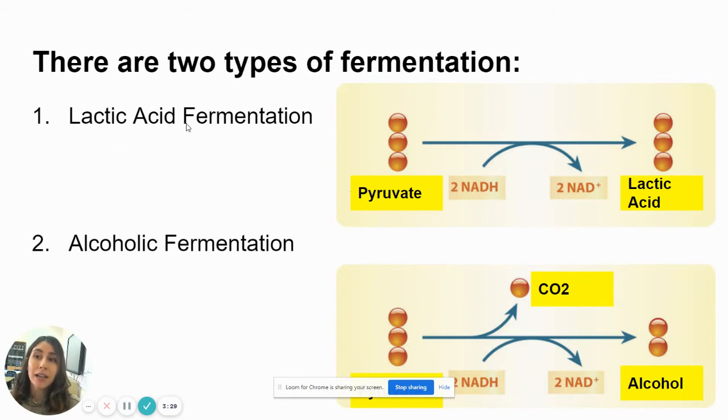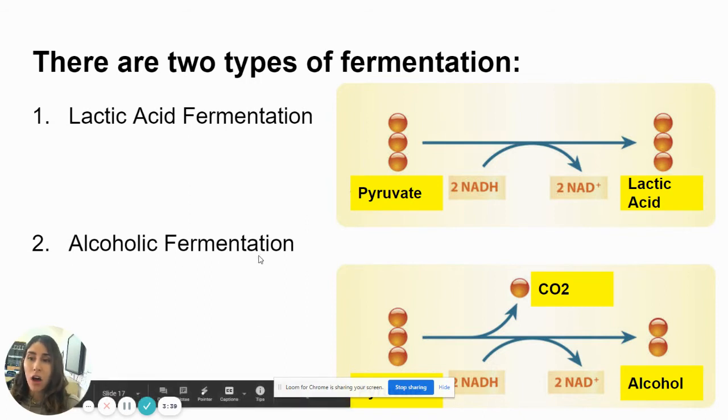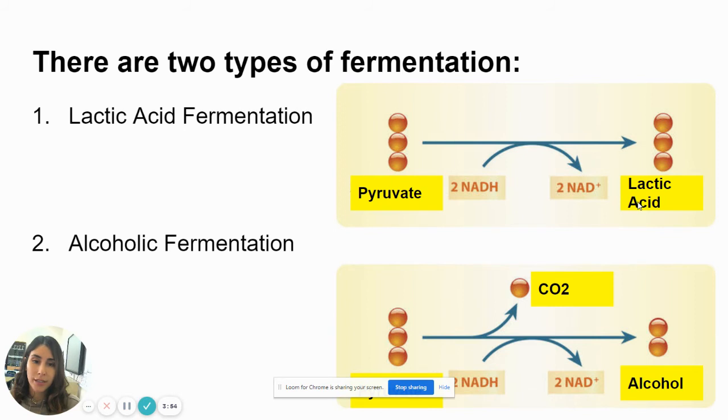If we have lactic acid fermentation taking place, then of course lactic acid will be made. And if we have alcoholic fermentation, then alcohol will be produced in addition to carbon dioxide gas. So alcoholic fermentation produces 2 molecules, while lactic acid fermentation only produces lactic acid.